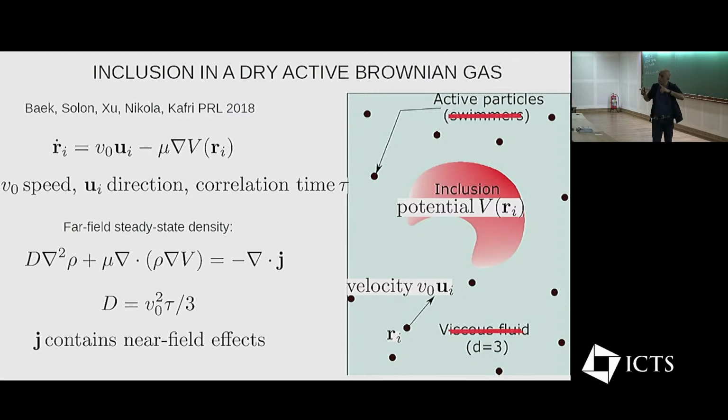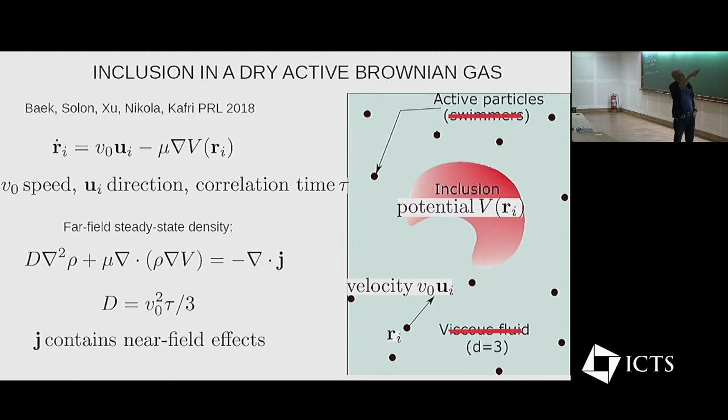One is, of course, even if you don't add any noise directly acting on the position coordinate, even if the only noise is the change of direction of u, on long enough time scales, if nothing else is happening, r dot equals u will give you a diffusion. And that diffusivity will be the self-propelling speed squared times the persistence time, the correlation time of the direction.